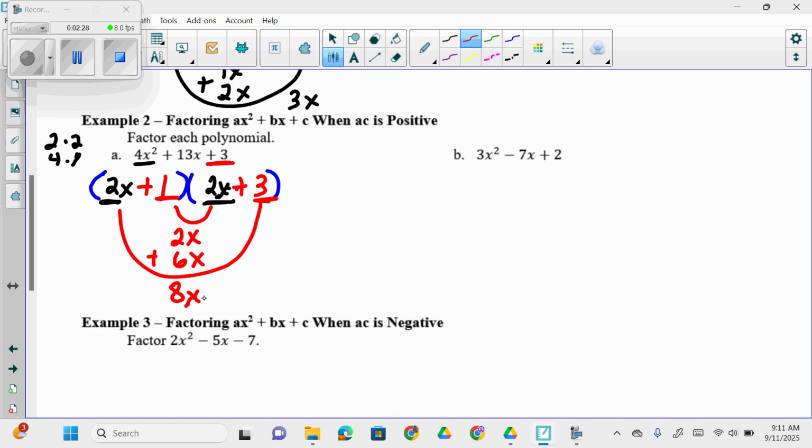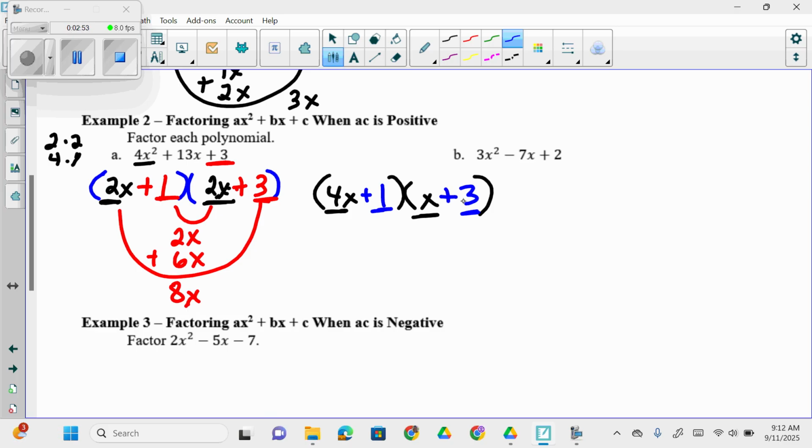So the next thing I'm going to do is start the problem again. I'm going to set up my parentheses, but this time instead of 2x times 2x, I'm going to try 4x times 1x. Then the last term times the last term still needs to equal 3. So I'm going to put a 3 and a 1.